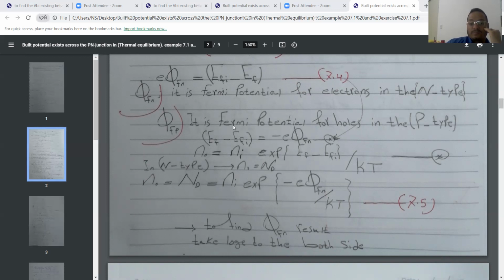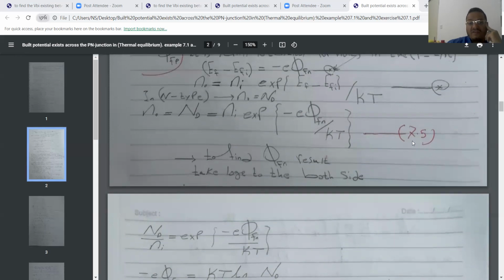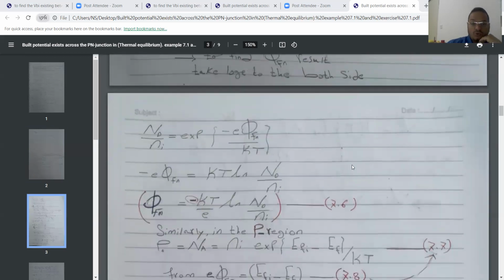I will put this result instead of these brackets. Yes, that's right. Now let's keep going to find the electron potential result. We will take the logarithm of equation 7.5, divide by the intrinsic carrier concentration, and take the ln of both sides to get the potential.